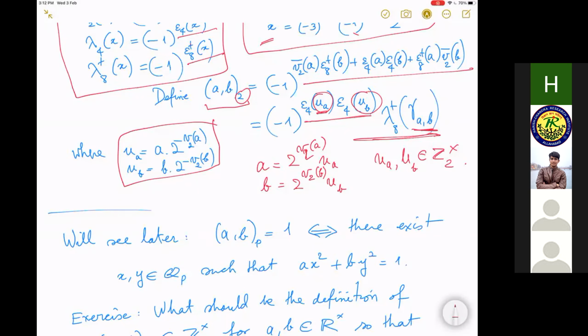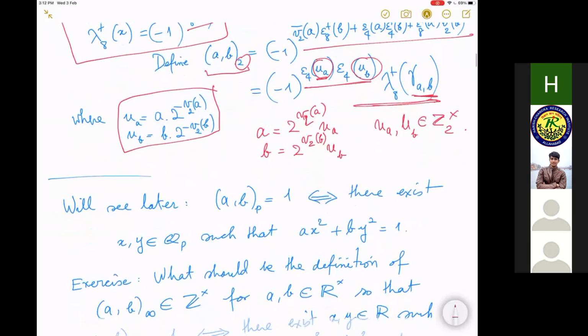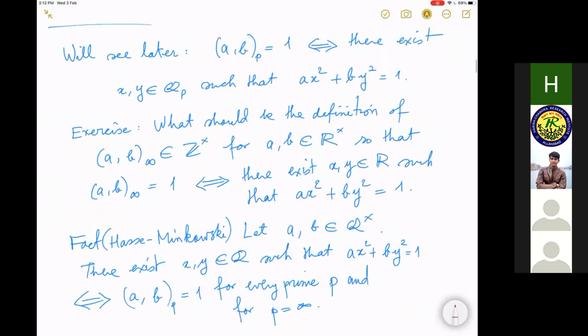Actually, it's the solution to some problem which we will come to next. And this is the problem. Suppose you have A and B in QP star. When do there exist X and Y in QP star such that this equation holds?